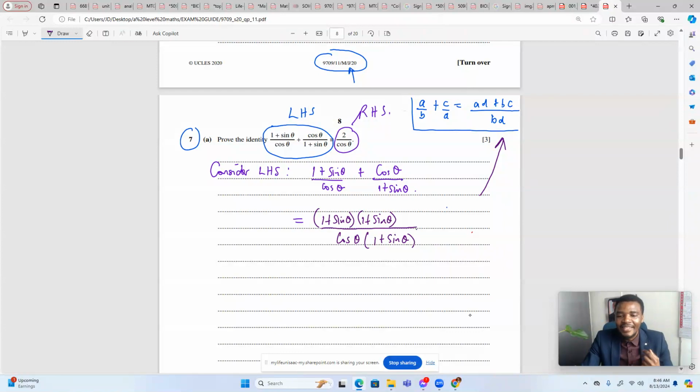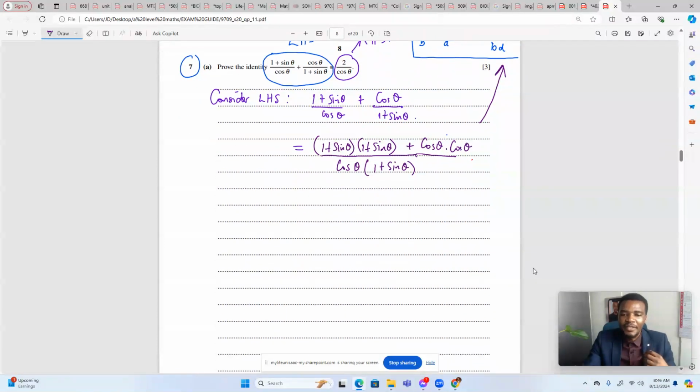And then the next thing, we say 1 plus sine theta into this common denominator. So 1 plus sine theta cancels 1 plus sine theta, and we remain with cosine theta. So cosine theta times cosine theta, we get cosine theta times cosine theta. On the next step, we have to simplify our single fraction. So what is 1 plus sine theta times 1 plus sine theta?